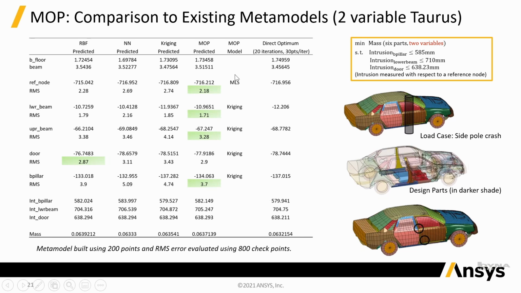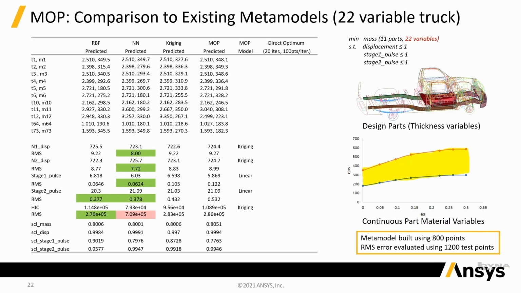But if you look at the next example, on the next slide, this is a truck with a frontal impact in which we've introduced 22 variables.